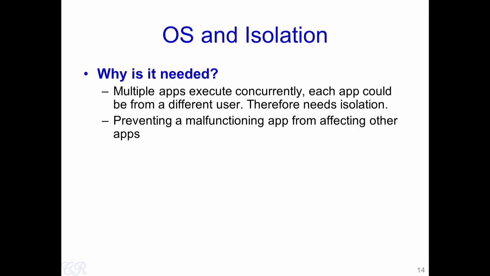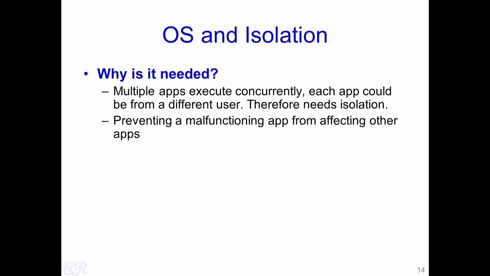So, the systems are designed in such a way that processes or applications that execute in the system do not directly access various resources. For instance, an application running in the system will not be given direct access to a device such as the printer.